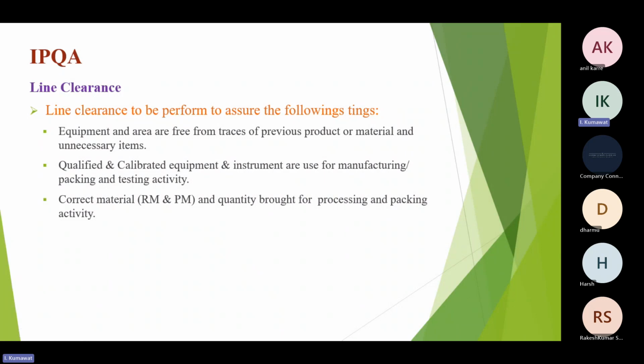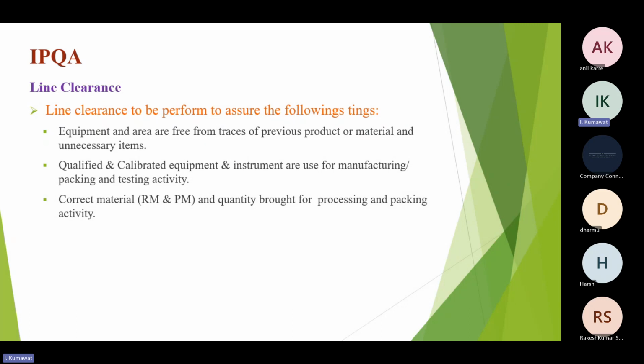Line clearance is to be performed to assure the following things: that equipment and area are free from the traces of the previous product or materials and unnecessary items in the area; qualified and calibrated equipment and instruments are used for the manufacturing, packing and testing activities; correct raw materials and packing materials and quality brought from the processing and packing activities.